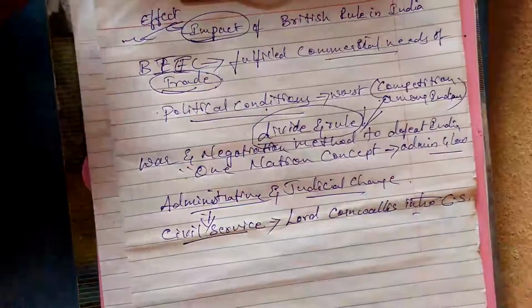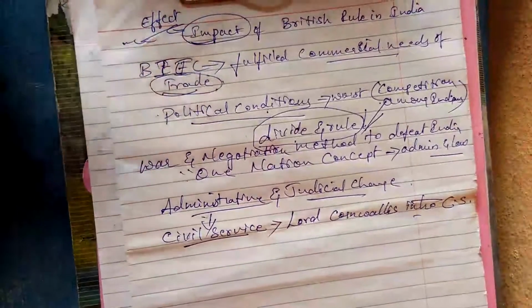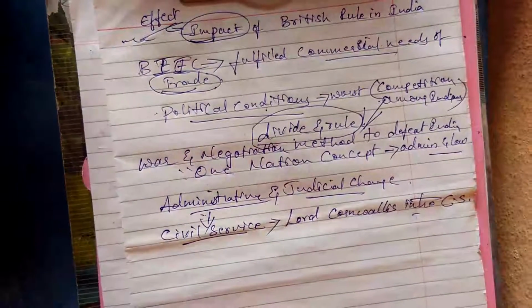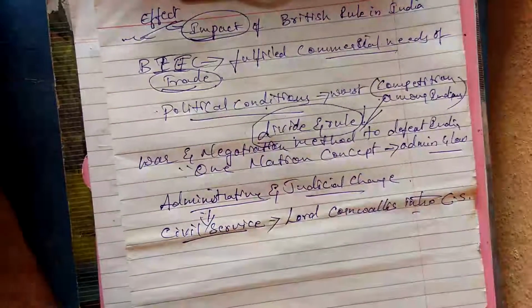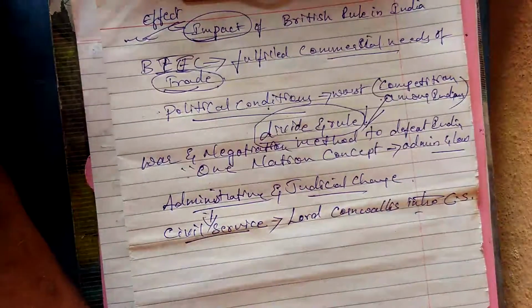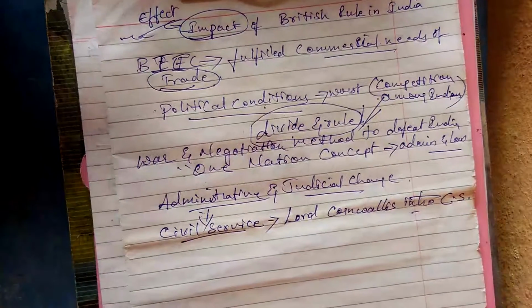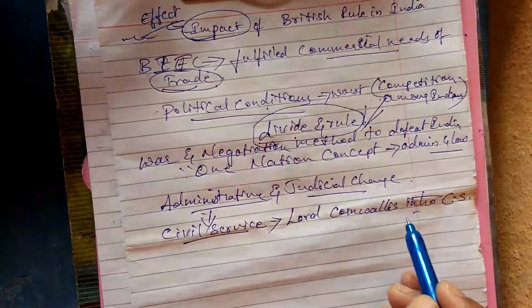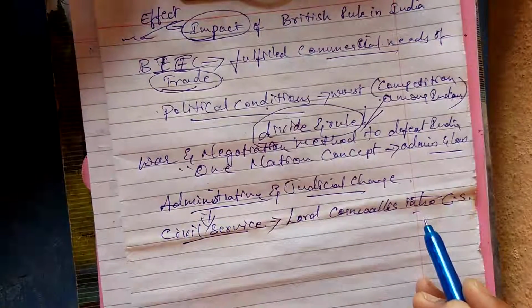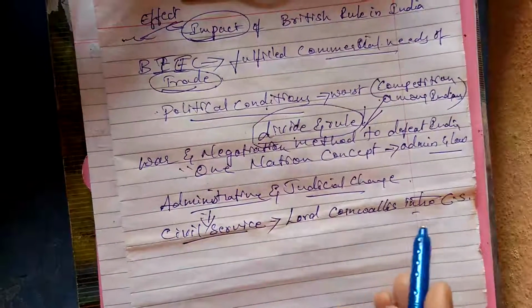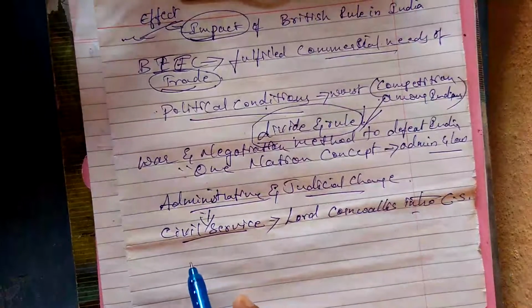Now today what you have are exams about civil service, maybe IAS, IPS and other exams. These exams were actually started by Lord Cornwallis. He started this. And what does this civil service system mean?